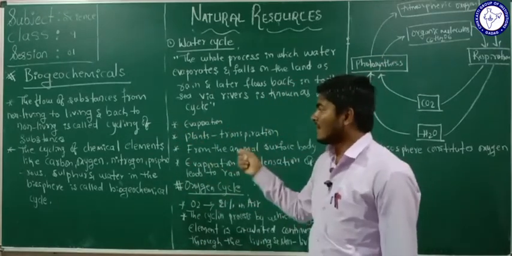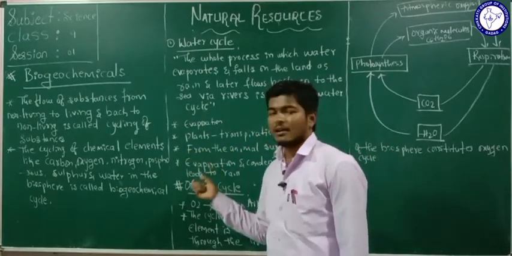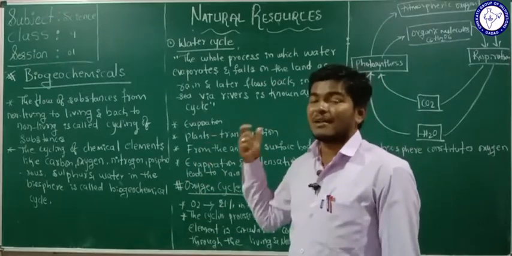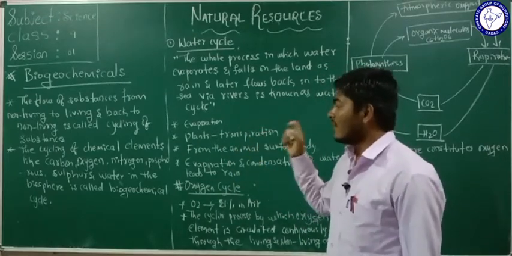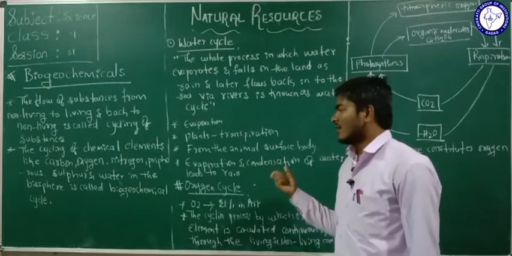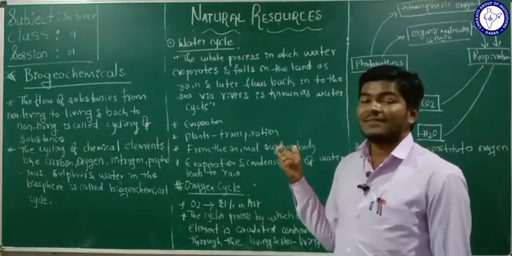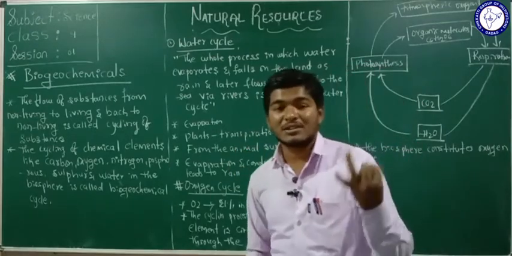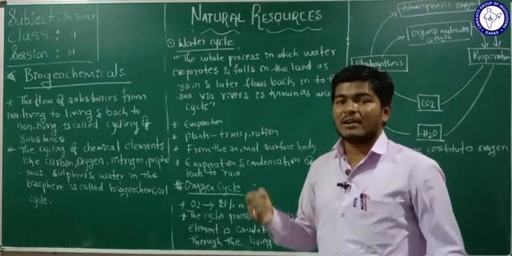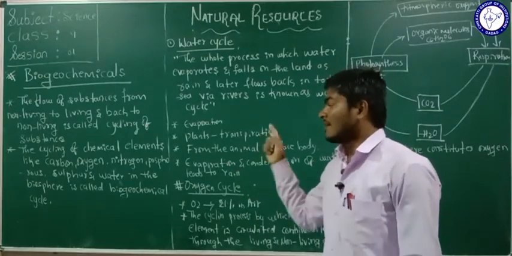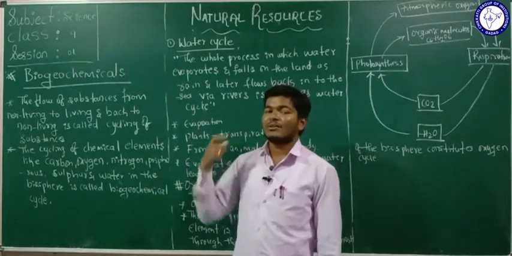The cycling of chemical elements like carbon, oxygen, nitrogen, phosphorus, sulfur, and water in the biosphere is called a biogeochemical cycle, and these chemicals are called biogeochemicals. Why are they called biogeochemicals?